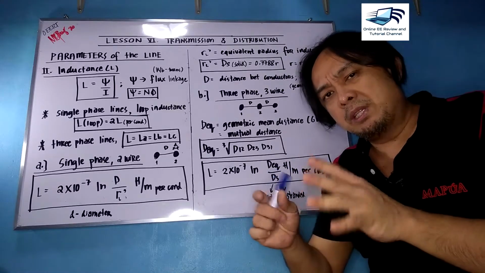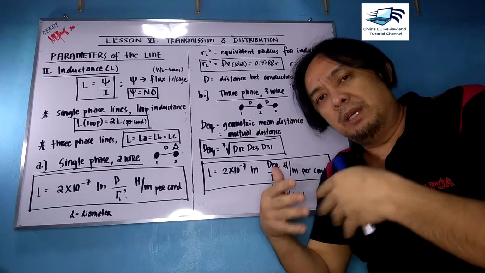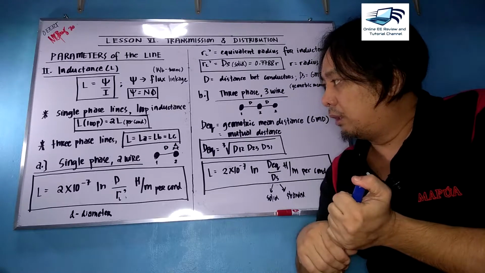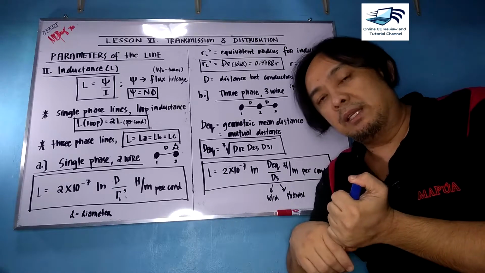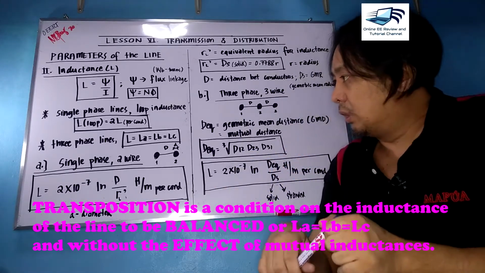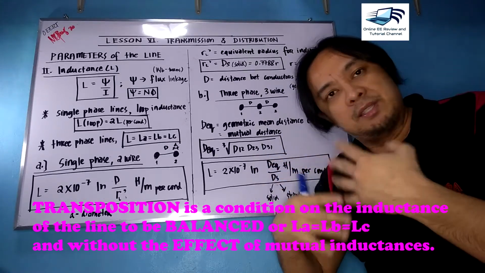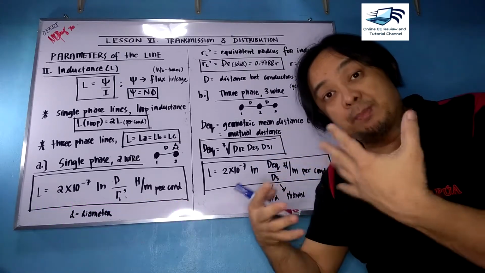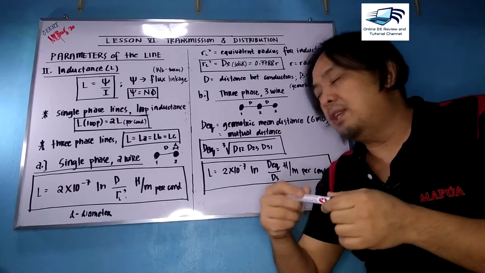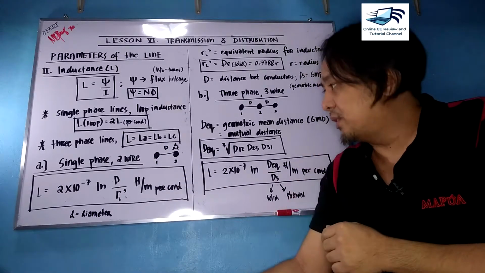We will discuss the transposition effects in another set of videos for mutual inductance and transposition of lines. For this, we will assume that the transmission line is balanced as usual, so the inductance per phase is the same.